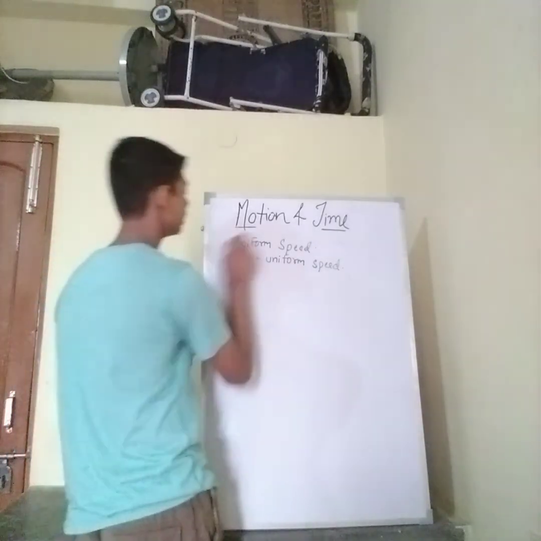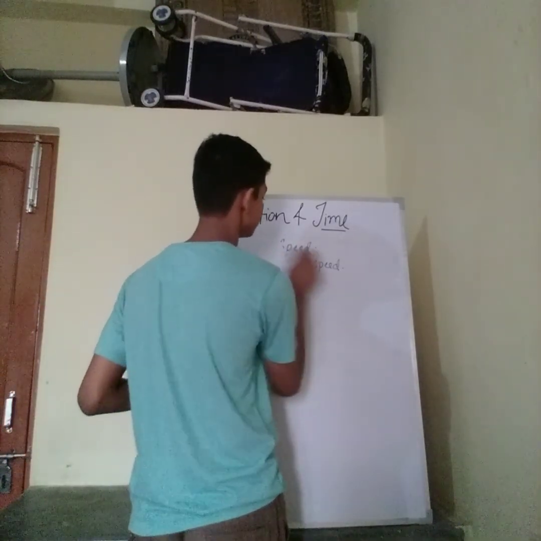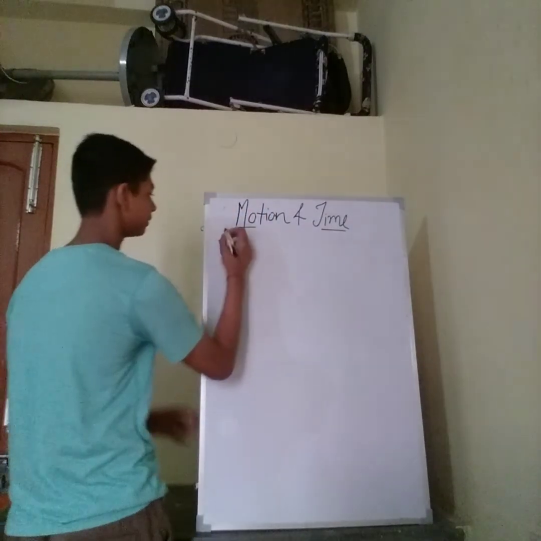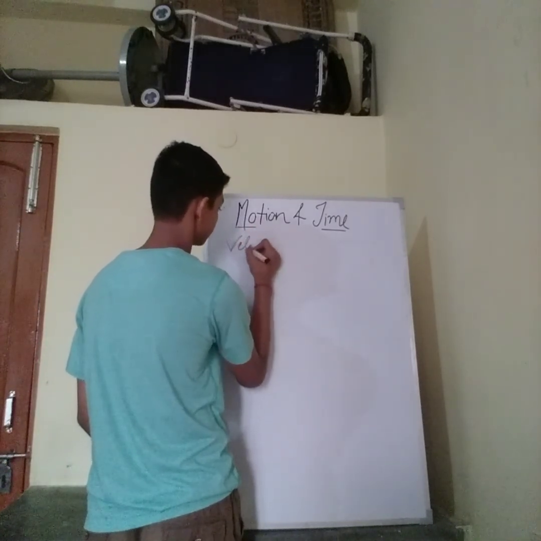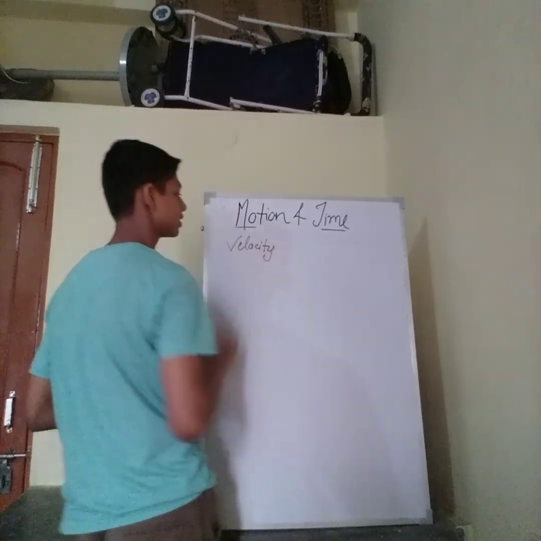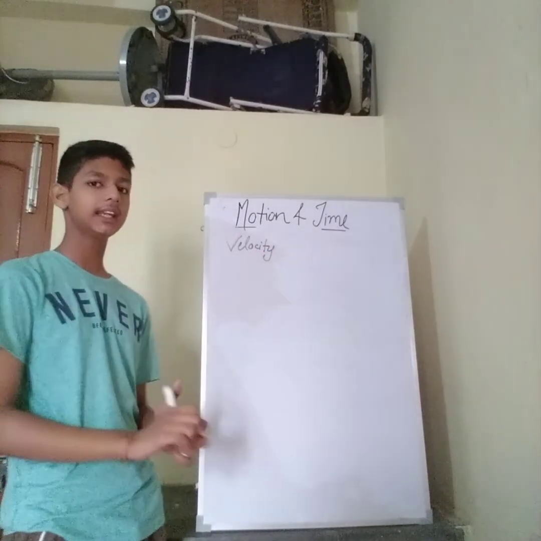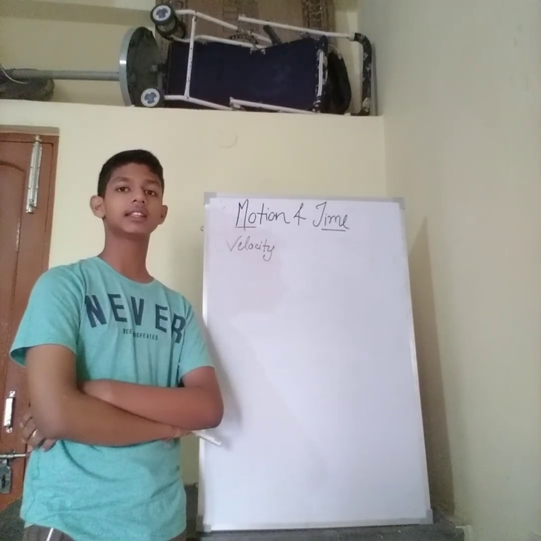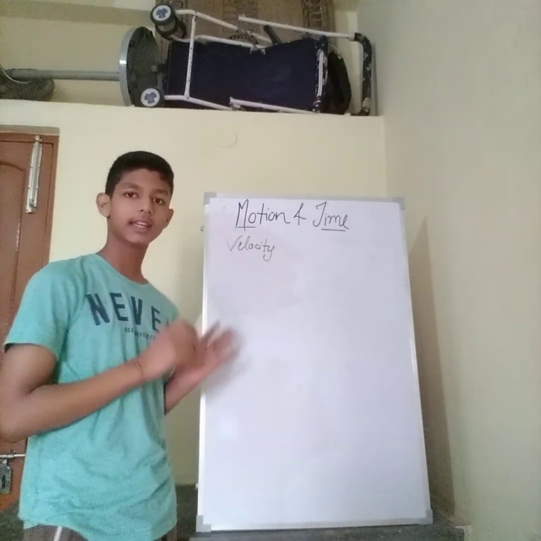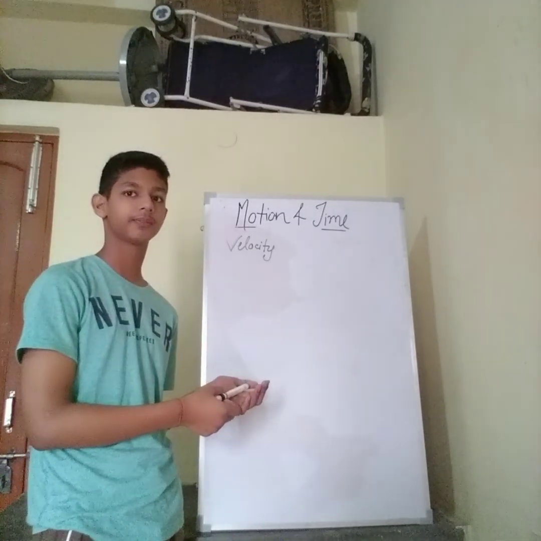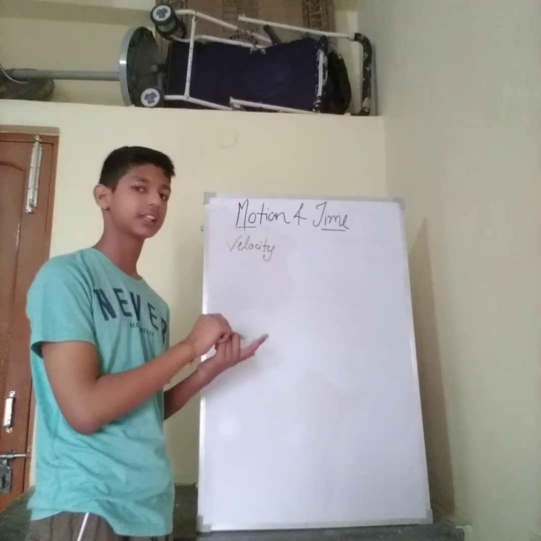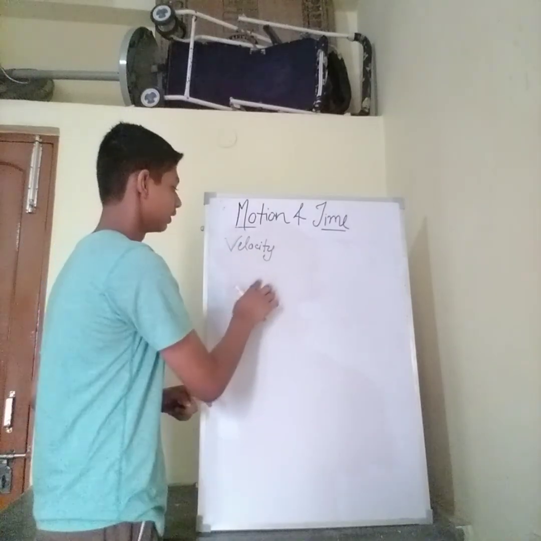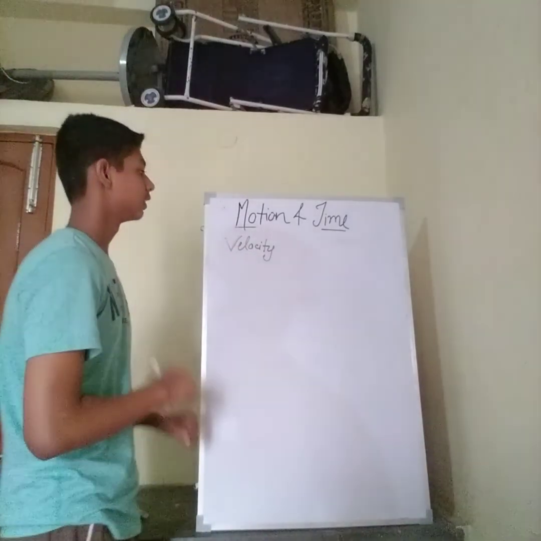Okay, now the next and one of the most important terms is velocity. What is velocity? As I have said, velocity is a vector quantity, so it has magnitude as well as direction. Its definition will be as follows.